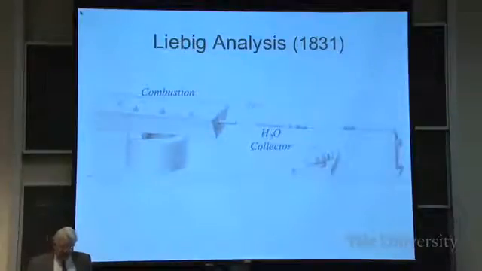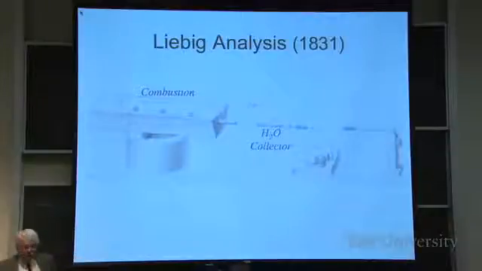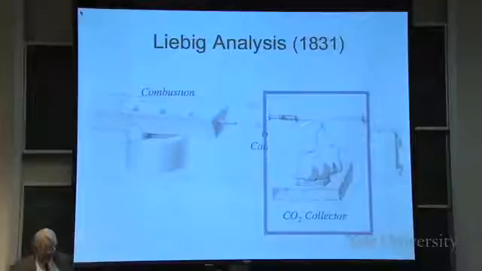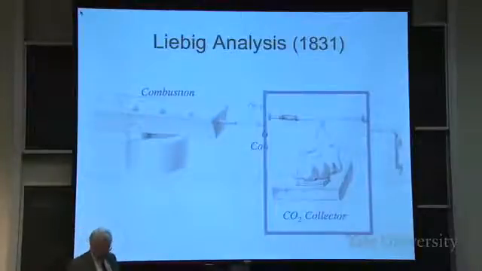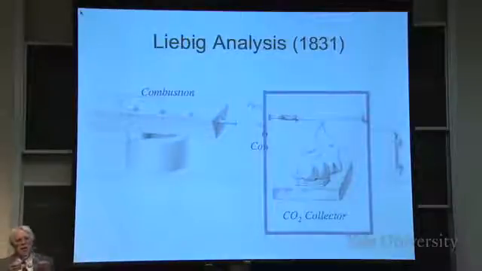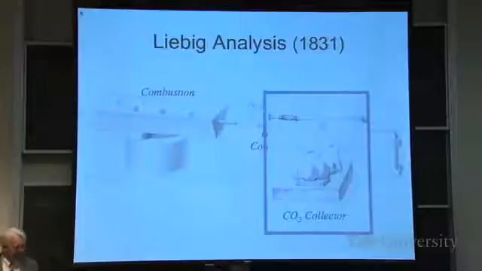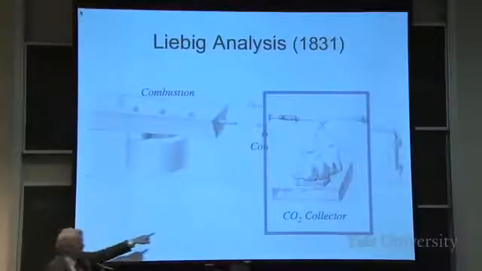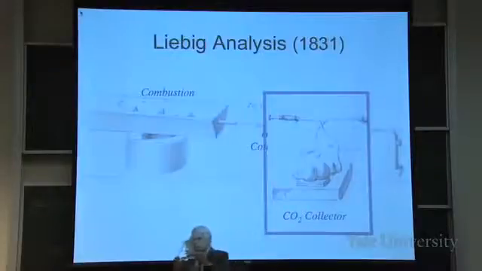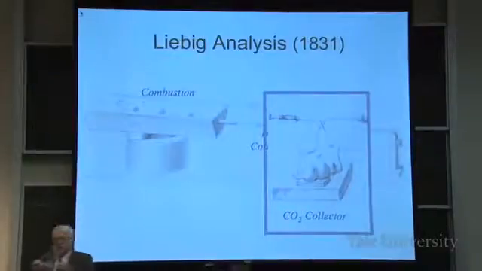Okay, it came through a drying agent that collected the water that was a product, and then it came into the Fünf-Kugel-Apparat, which was the CO2 collector. So in here was sodium hydroxide, right? And the way it worked was it was tilted a little bit. You notice that it's propped up here with some pieces of wood so that the bottom isn't flat. It's tilted like this, okay?